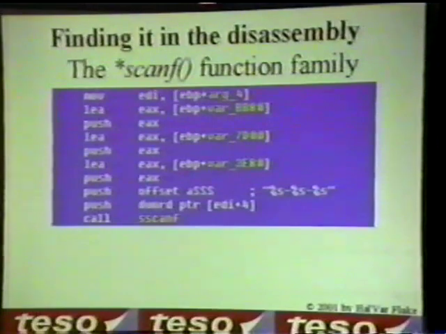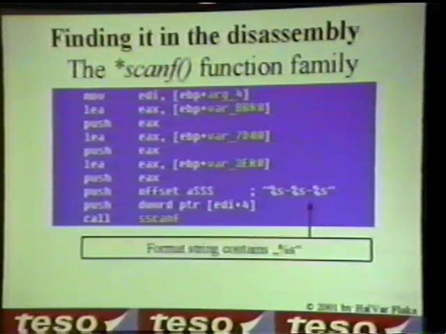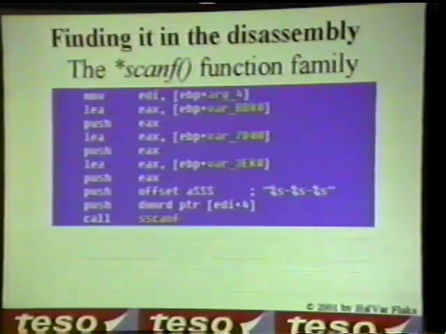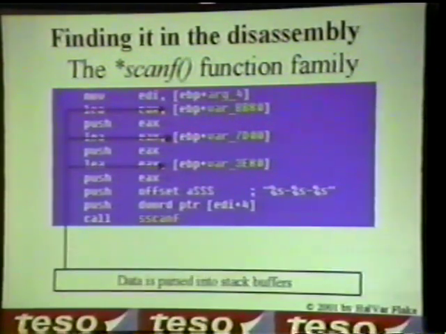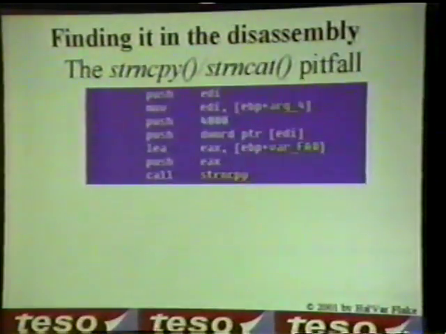Then there's the scanf function call here, which has a format string containing %s, and which parses several strings with these %s signs into these stack buffers. So this scanf call has to be considered dangerous as well. Is anybody keeping track of how often I said dangerous today? Anyways, a strncpy call, which is dangerous as well.